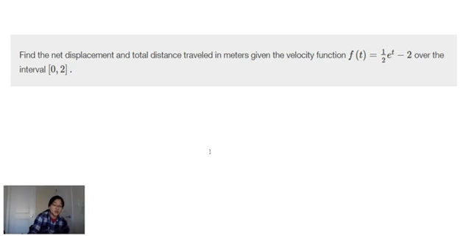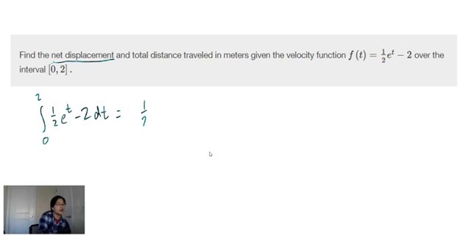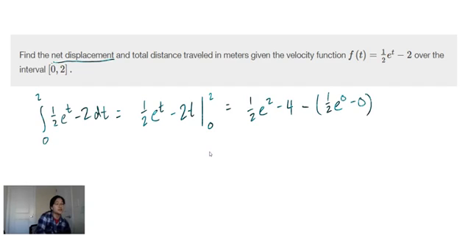So, the net displacement, that's just our definite integral from 0 to 2 of 1/2 e to the t minus 2, and we're integrating with respect to t. So that's 1/2 e to the t minus 2t from 0 to 2, and that's 1/2 e squared minus 4 minus parentheses 1/2 e to the 0 minus 0, and that's a 1.